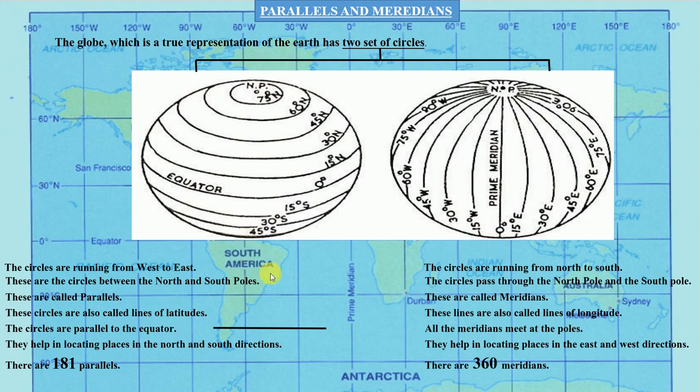As you can see, they are equidistant, at equal distances from each other. That is why they are called parallels.